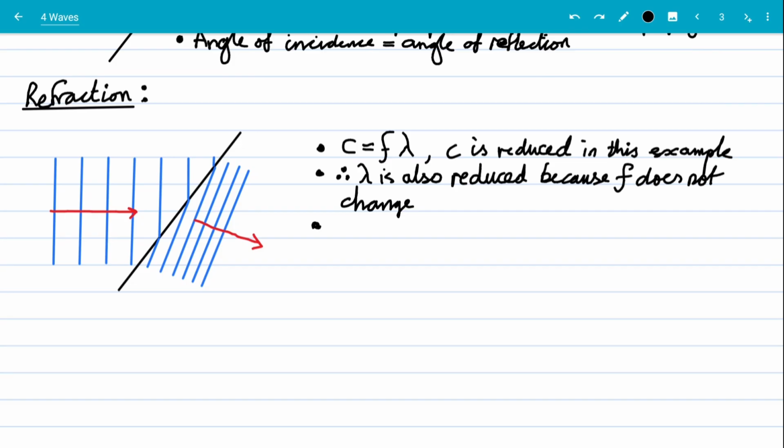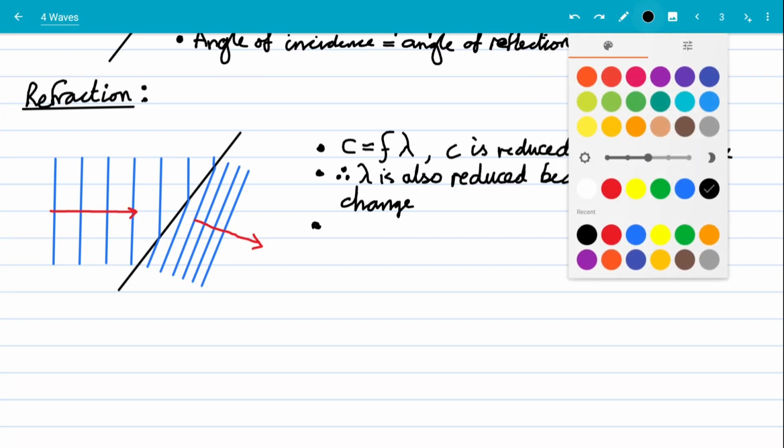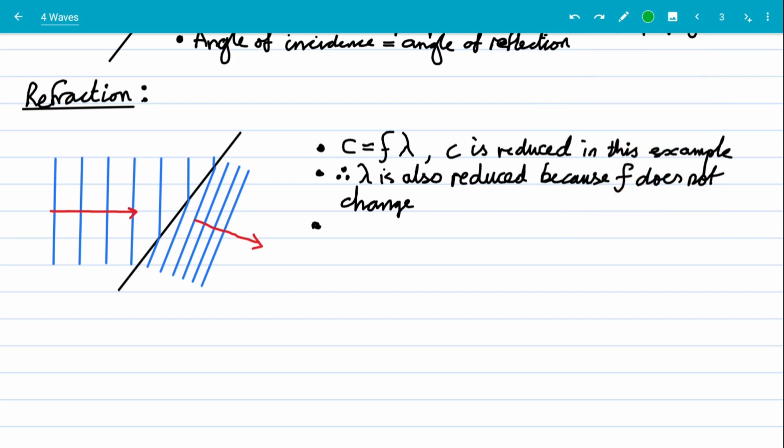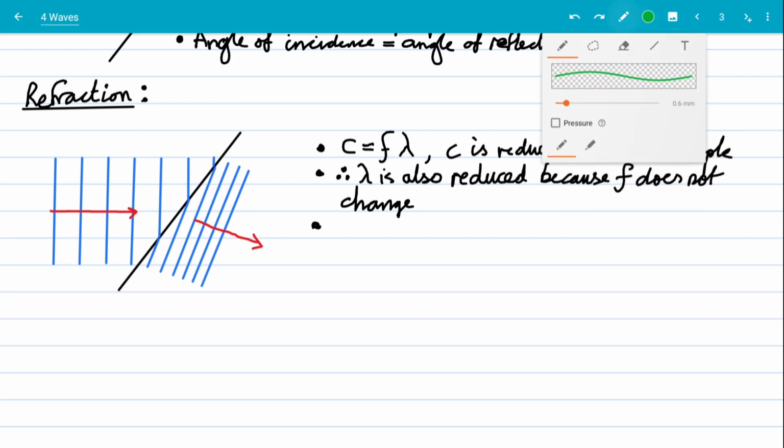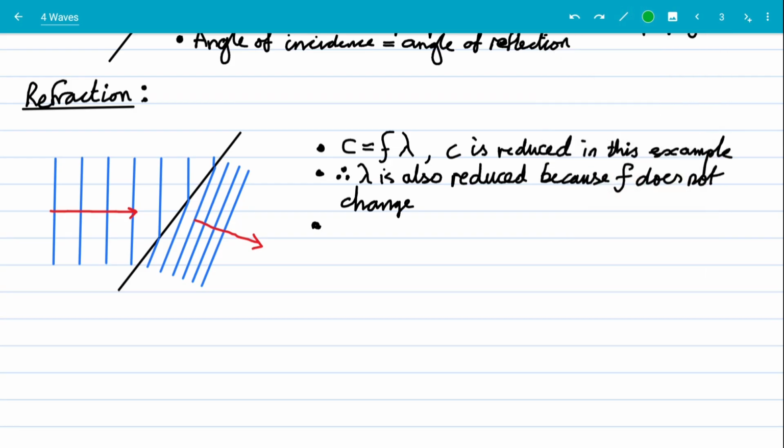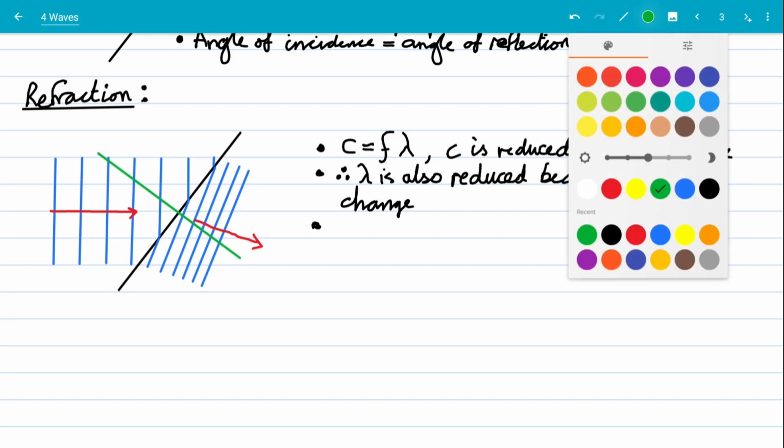That doesn't say why it happens. It's just an observation of what we see. So when the wave gets slowed down, we refract towards the normal. So let's draw a normal on this now. And when the wave is sped up, it refracts away from the normal. So there's our normal.